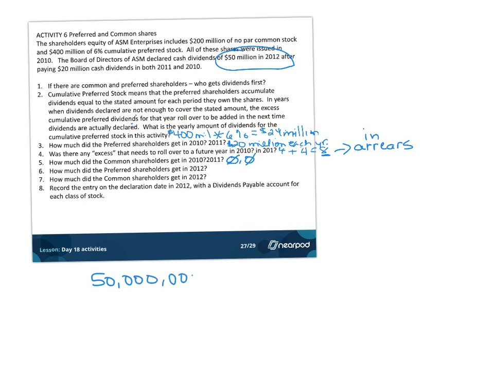How much to preferred and how much to common? Okay, well, you know from the problem, the preferred are definitely entitled to the first 24 million. That's going to go to the preferred.